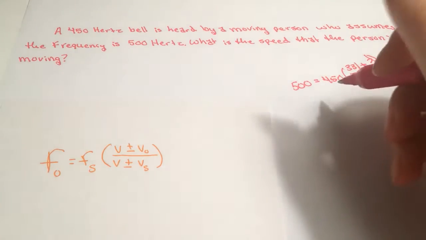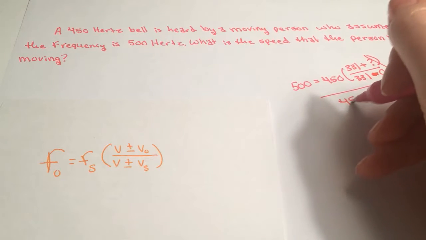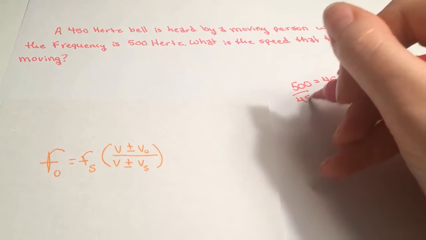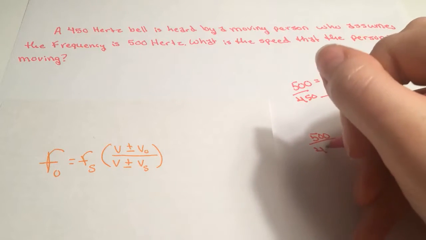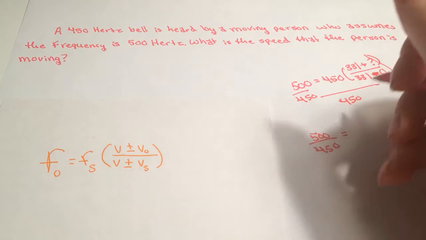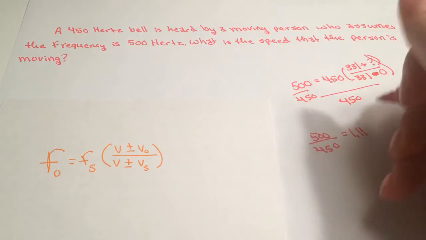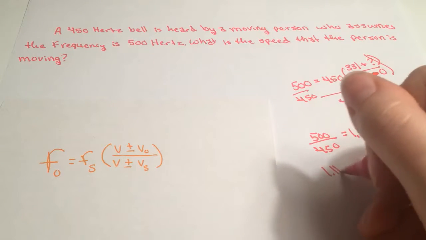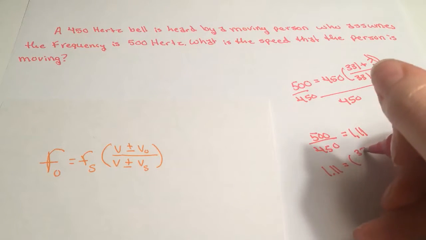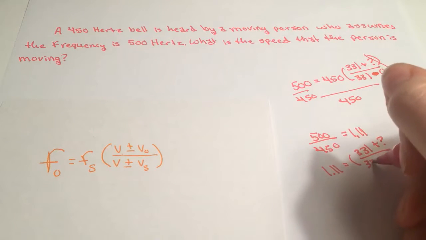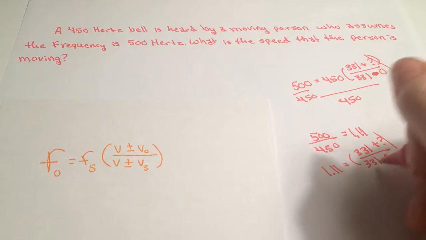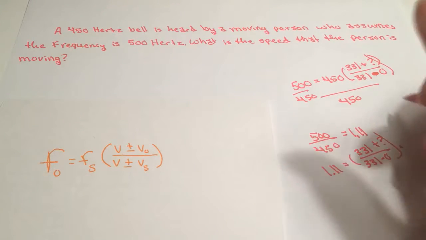And when we start working this out, 450 divided by 500, we get 1.11, and so now we have 1.11, 331 plus question mark, and the 0 there, so that's just 331, and so that's going to be times it.